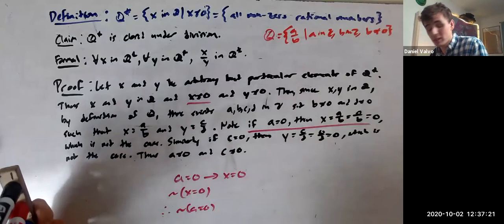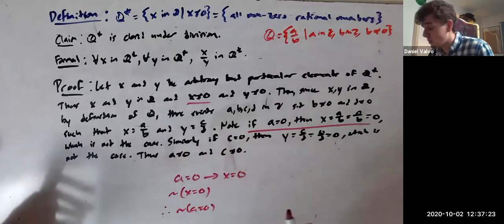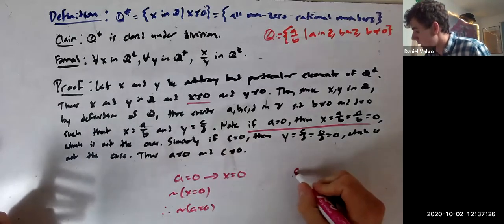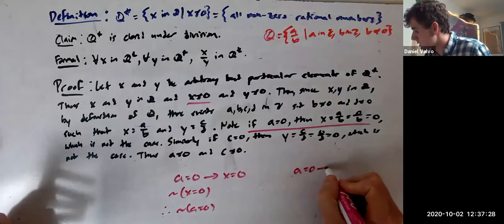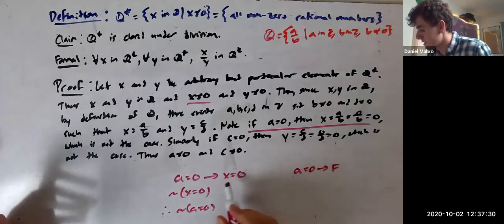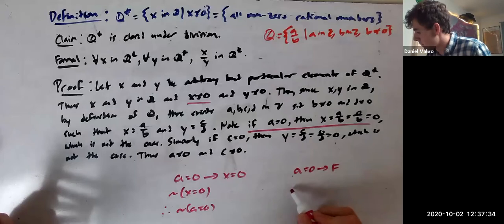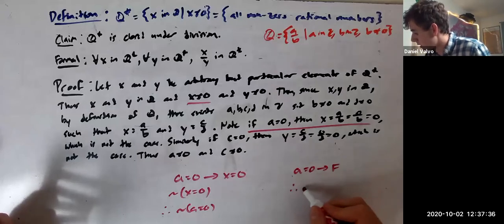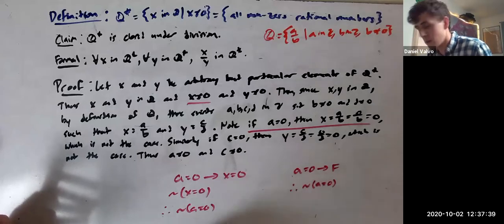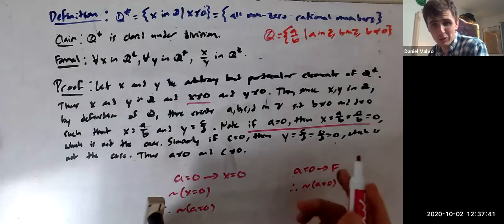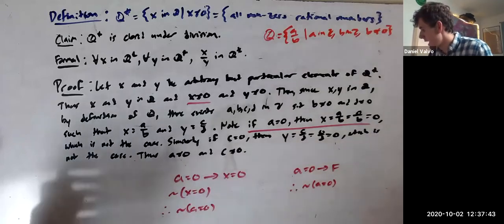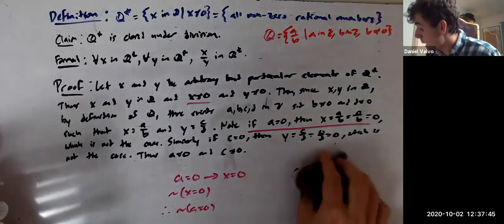We could also use contradiction: A equals 0 implies false, because it implies X equals 0, which is false. Therefore, not A equals 0, because it would lead to something that's false. Anyway, we don't need to write that. The point is, this happened under the hood.